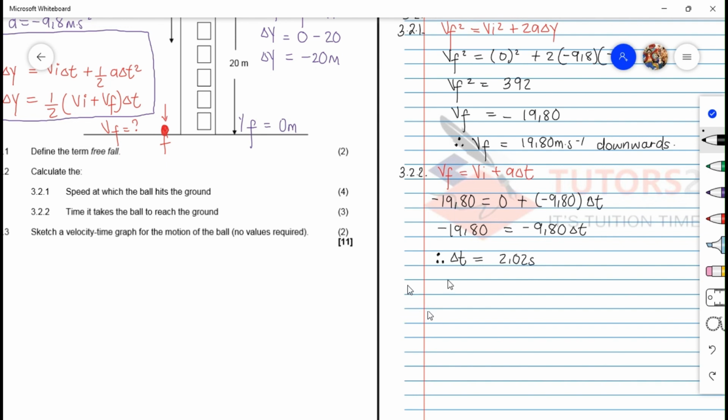Now, our last question is question 3.3. Sketch a velocity versus time graph for the motion of the ball. We do not need to include any values. So our first step would be to decide which quadrant this graph is going to be in. So we know that time is on the x-axis, whereas velocity is on the y-axis.